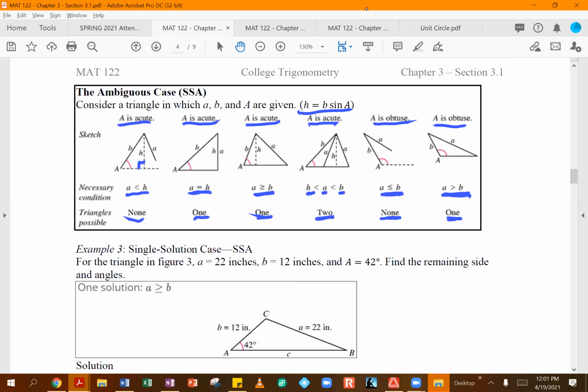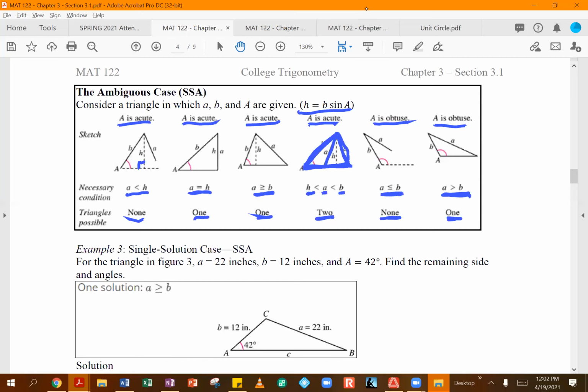You can see in the illustration, we've got one triangle, which is this one over here, and another triangle which goes all the way to this side. That would be your second triangle. So it just depends on what the case ends up looking like.